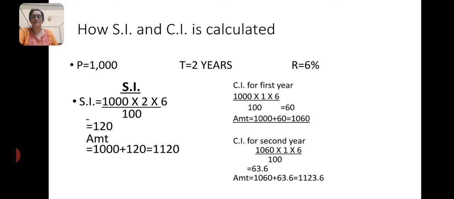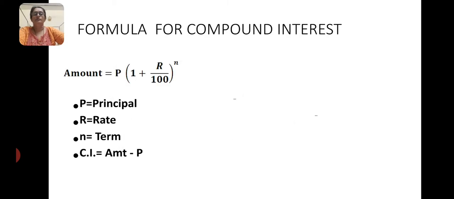Compound interest is always higher than simple interest because the first year's amount becomes the second year's principal. If it is 3 years, the second year's amount becomes the third year's principal. That way we are going to calculate it. Now let us see the next formula for compound interest.